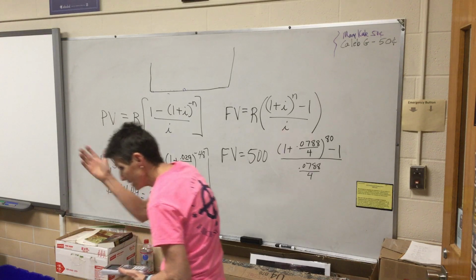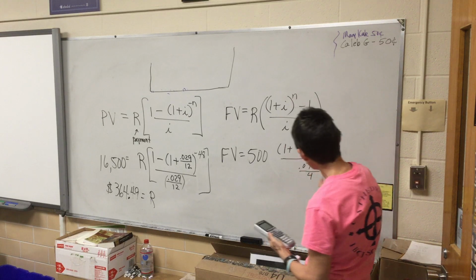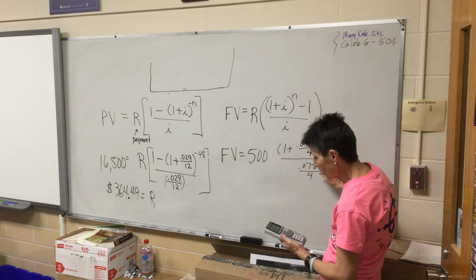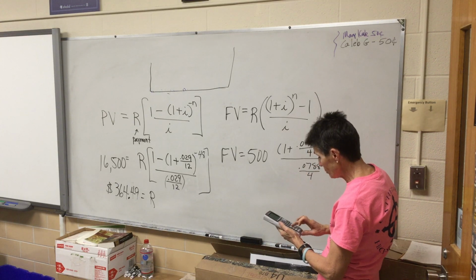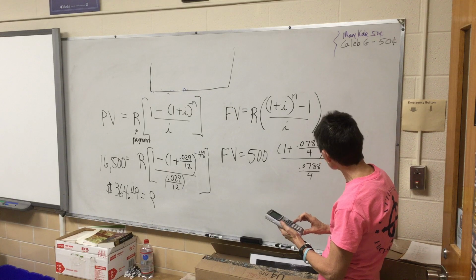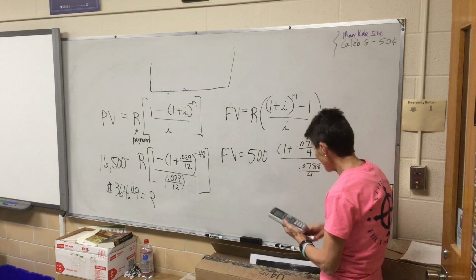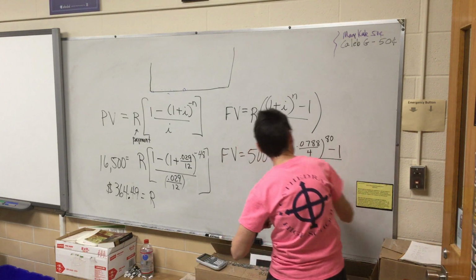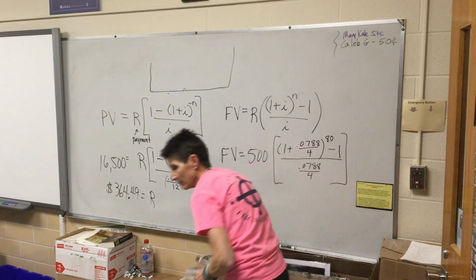Some thumbs up are coming, good, okay. Now, I need to hit divided by, because I still need to divide by this, but that's two things. So parentheses, divided by parentheses, 0.0788 divided by 4. So the value of this right here is 190 point stuff.